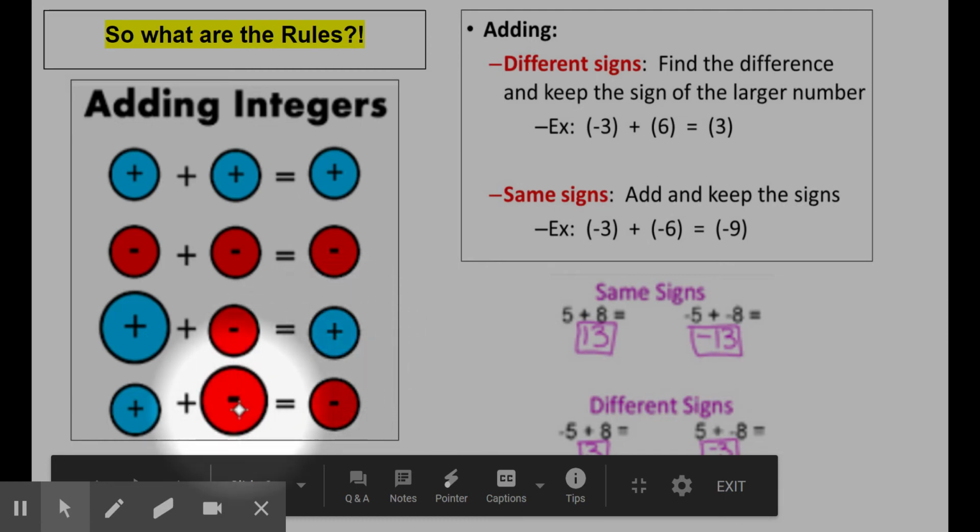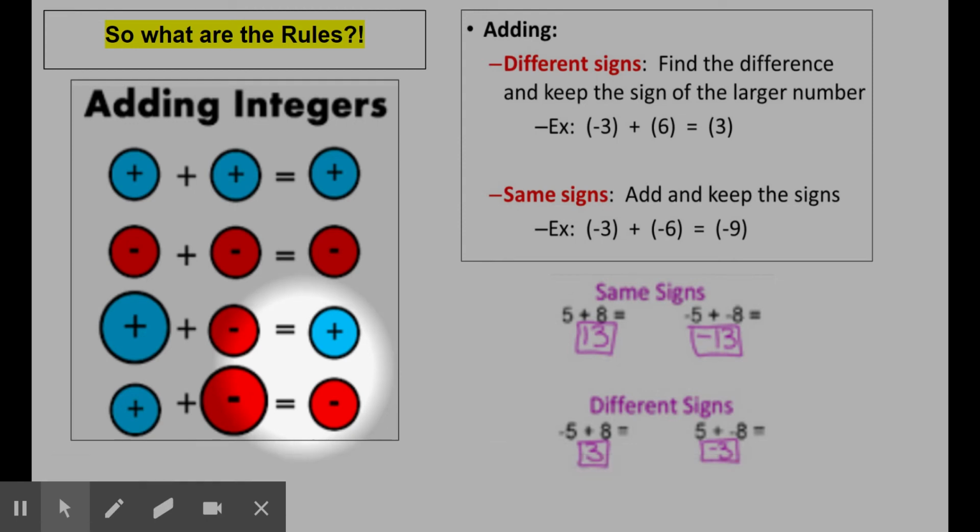But if the negative number is larger, then we'll end up with a negative in the end. And again, hopefully you've noticed this already, but in this sort of situation, you're finding the difference essentially between these numbers, because we know zero pairs cancel each other out, and we're just trying to find what's left over when the signs are different.